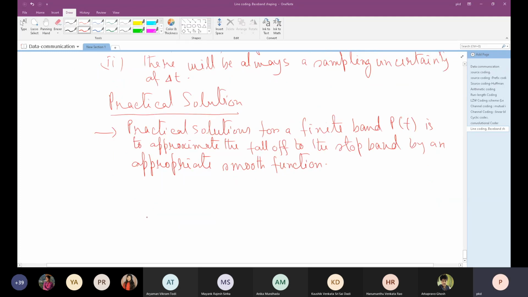So there are various kinds of functions which people have proposed, many kinds of functions. One of them is the raised cosine function.